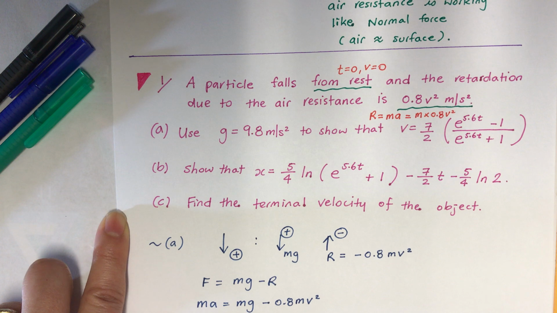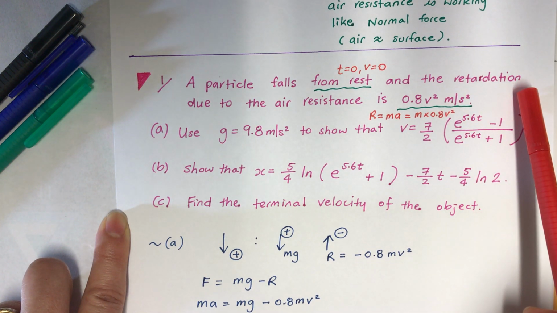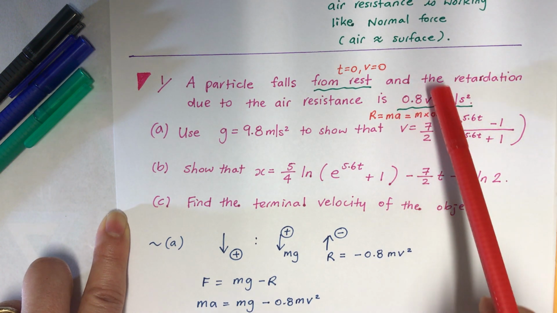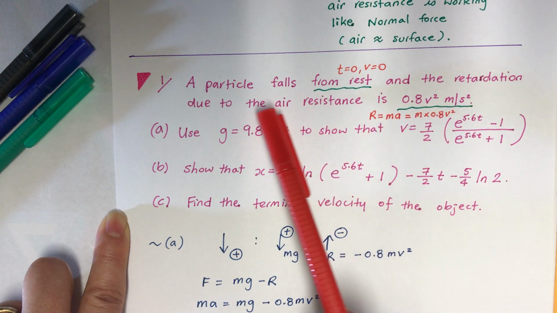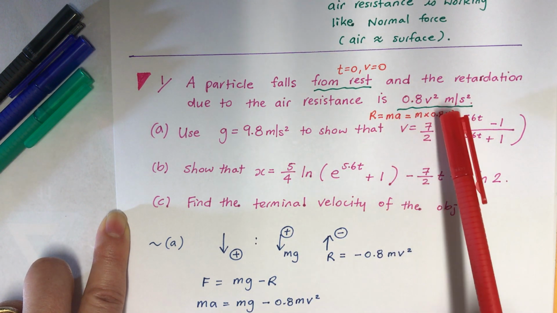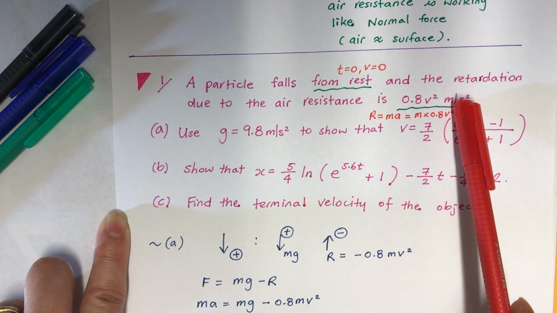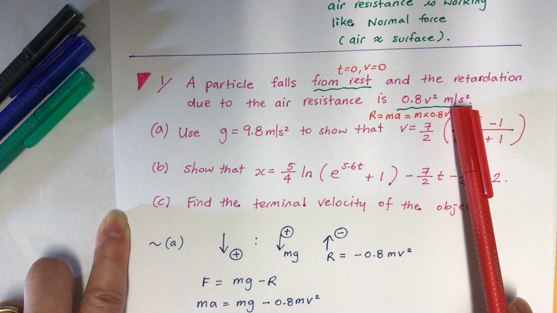And the retardation due to the air resistance is 0.8 v squared meters per second squared. Now, retardation means negative acceleration. So this whole thing is the acceleration, isn't it?